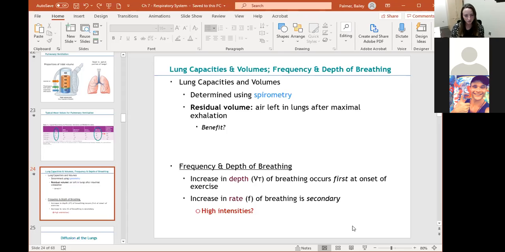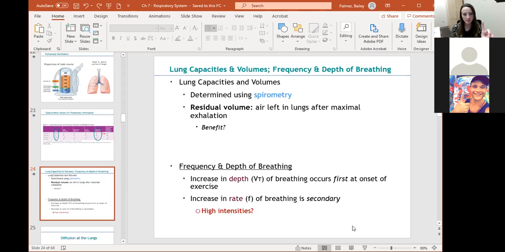But as we continue to exercise, there's only so deep we can reach in our lungs. We said we activate all portions of our lungs during exercise, but tidal volume will then plateau, especially during high intensity exercise. And then the rate or the frequency of breathing becomes our secondary source and kind of our only source to further increase pulmonary ventilation.